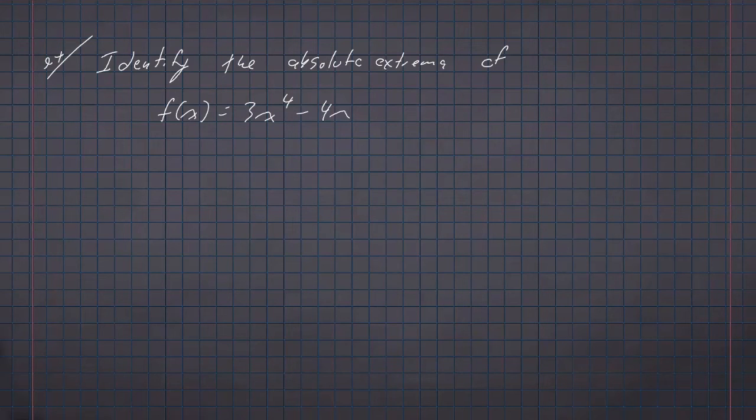So as an example, we might be asked to identify the absolute extrema of the function f of x equals 3x to the fourth minus 4x cubed on the interval, say from -1 to +2.